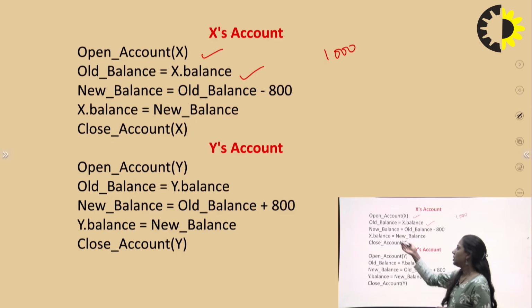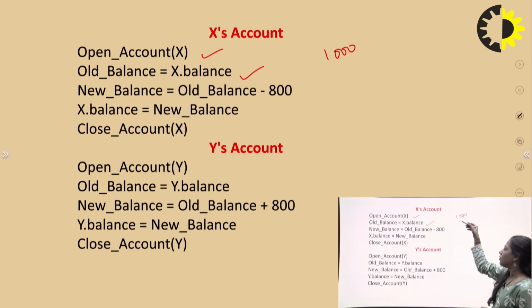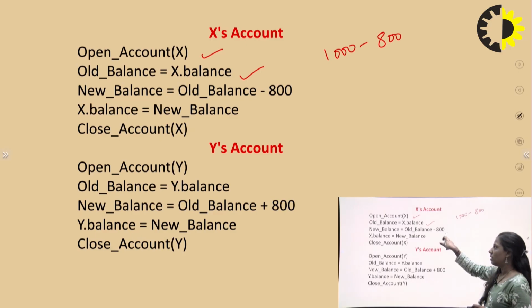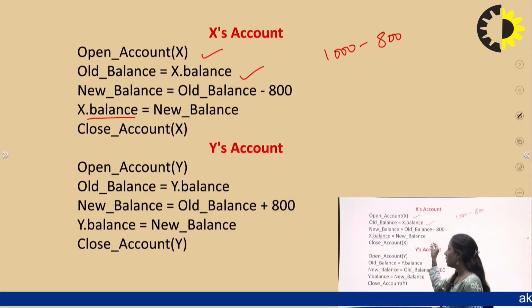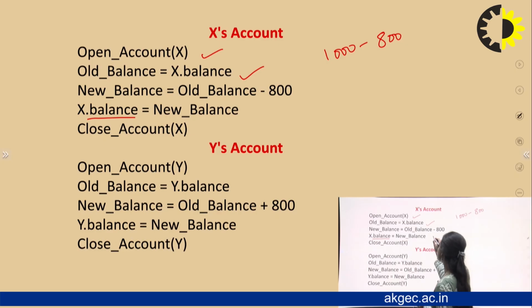So what will the new balance be? It will be old balance minus 800. Here the old balance was 1000, now 800 is deducted, and that is called the new balance. So now X balance equals new balance, and it is updated. Here the X balance will be equal to 200.